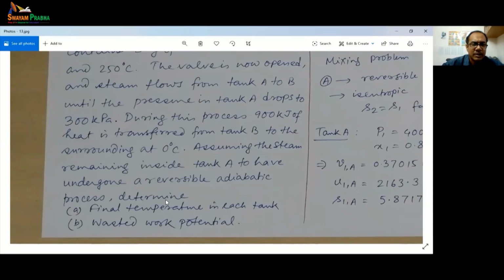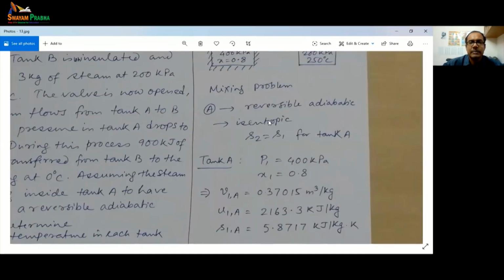If that's the case, determine the final temperature in each tank, which you don't know after this heat transfer and mixing happened, and also find the wasted work potential, that means the loss of exergy or exergy destroyed.